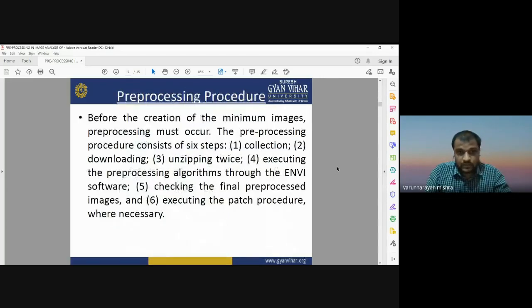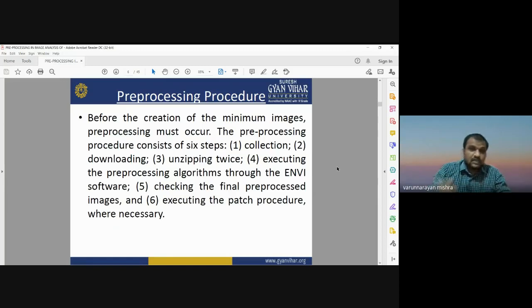So the pre-processing procedure: before the creation of the mosaic images, the pre-processing must occur. The pre-processing procedure includes the collection of the satellite images, the downloading, the unzipping, then executing the pre-processing algorithms through the software or any other software. Then we can check the final pre-processed satellite images, and after that we can execute the patch procedure where it is necessary.